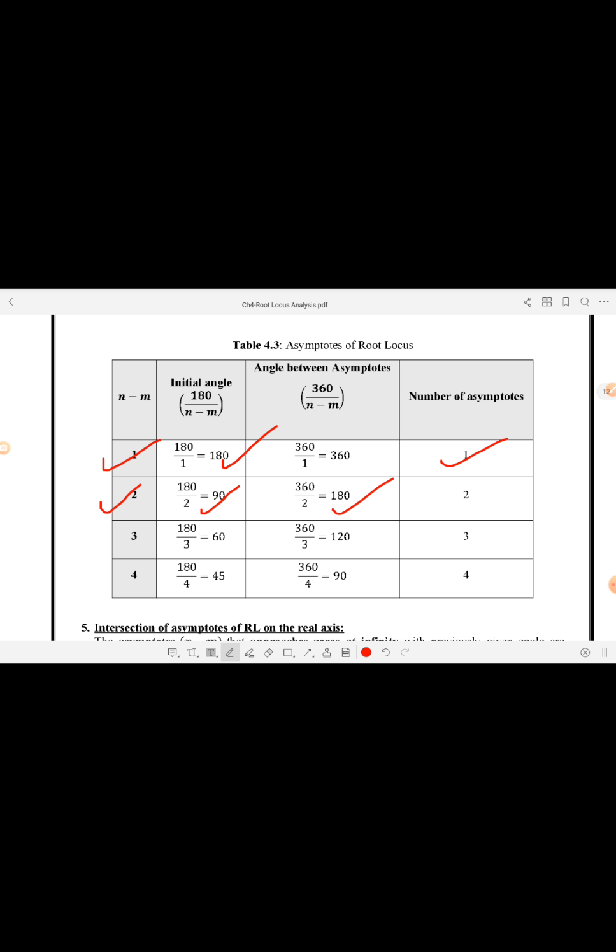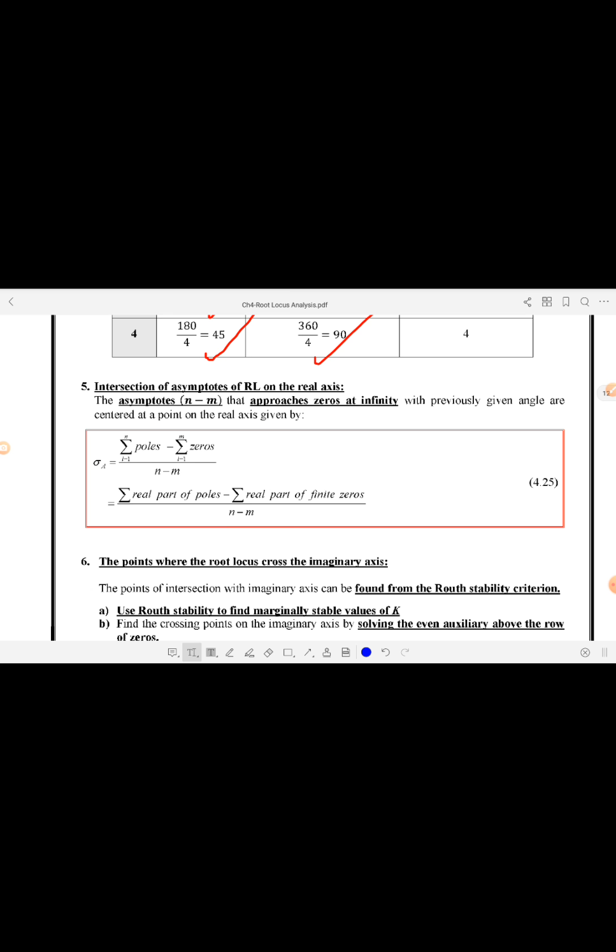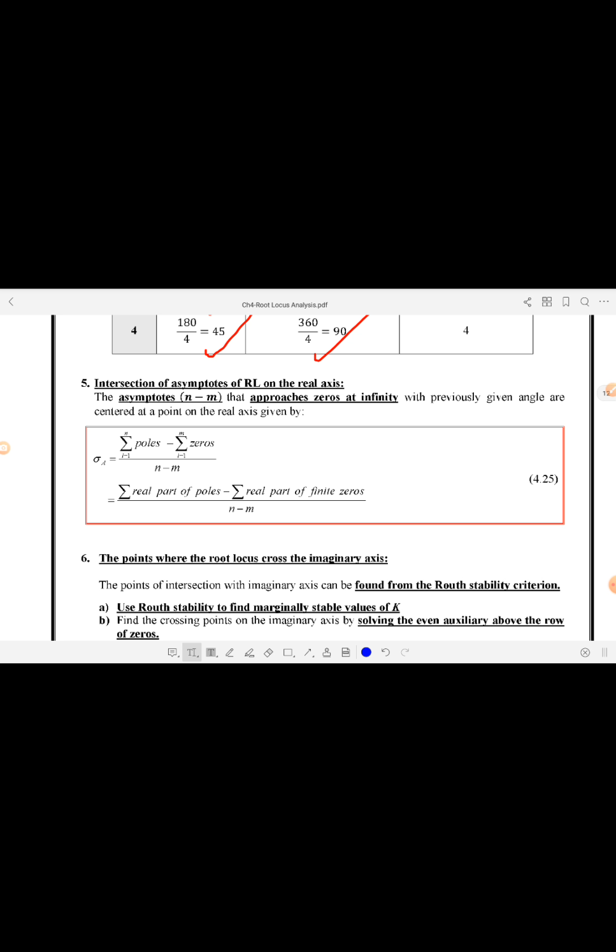And if there are three asymptotes the angles will be 60, minus 60 and 180. And if the number of asymptotes is 4 then the initial angle will be 45, and all asymptotes are distributed equally with 90 degrees. This means that they are 45, minus 45, 135, minus 135. So all of these points were covered previously, but it's a quick review.